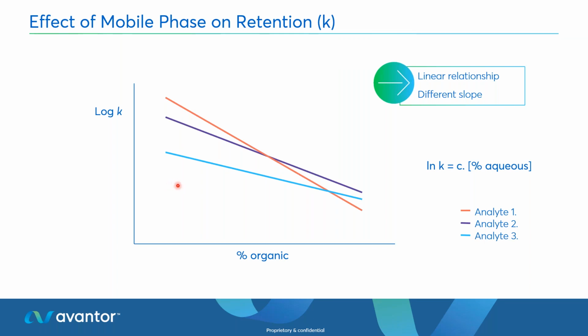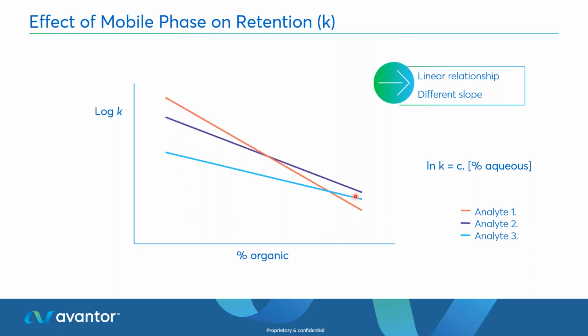So for example, if I chose to do my first experiment at say 90% organic, so 90% organic here, my peaks would elute in order 3, 2, 1, with quite a big gap between peaks 3 and peaks 2.